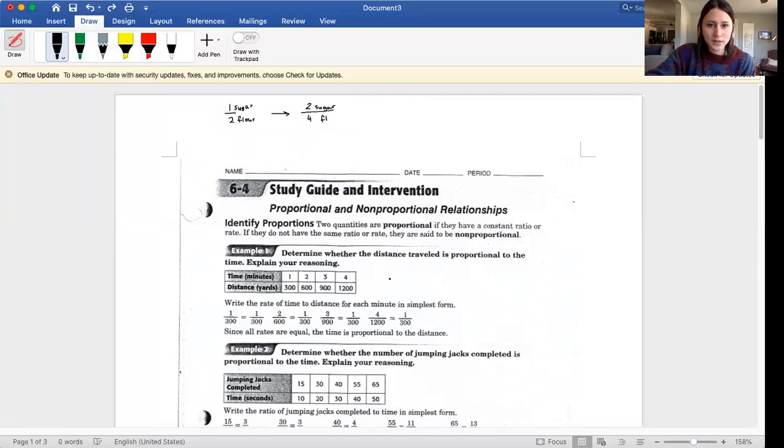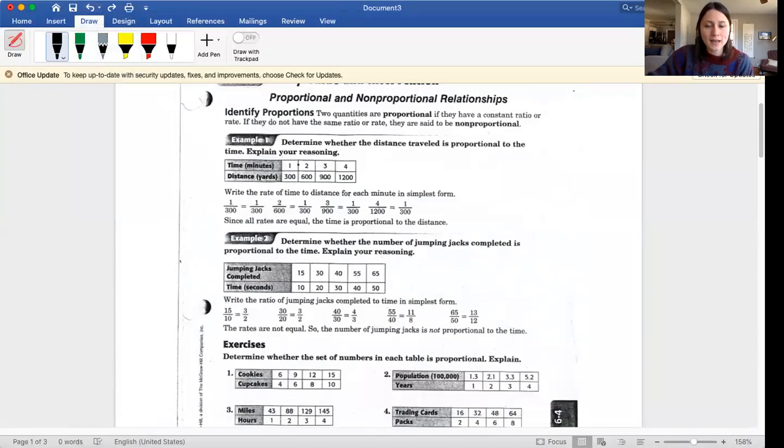So let's take a look at this example here. We're looking at a rate of time to distance. So there's a chart here that says per 1 minute 300 yards are traveled. Per 2 minutes, 600 yards are traveled. 3 minutes, 900. 4 minutes, 1,200 yards, okay? So we can actually turn these all into fractions, and they did that in the study guide. Turn them all into fractions and then simplify.